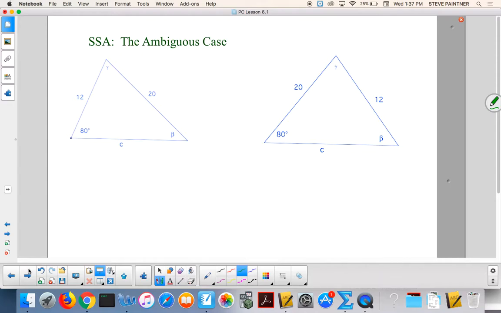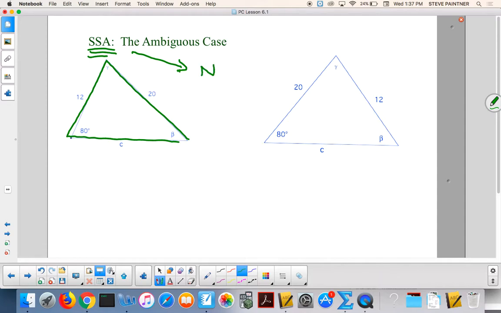Now, here comes the tricky one. This is different. This is when I give you side, what? Angle, side, angle. Okay, so this one gets tricky. And I will show you why it gets tricky on my next slide. I'm not going to get into this too much. I'd rather show you why. In this case, what happens is there's several possibilities.